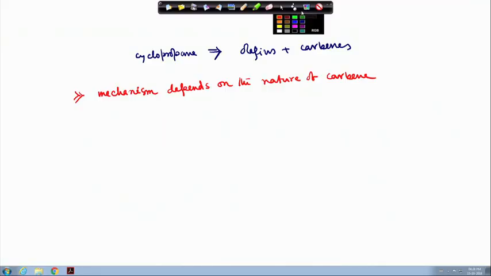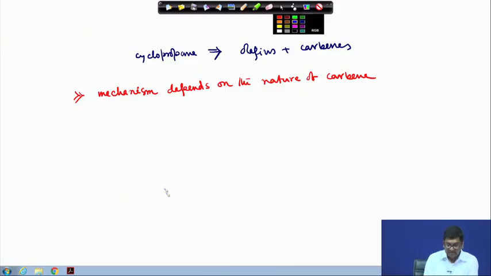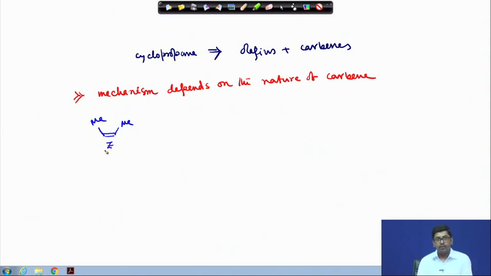But chemically, by this addition technique, we can suggest whether these carbenes are singlet or triplet. Let us have a look with an example. Okay. Let us take this Z olefin.